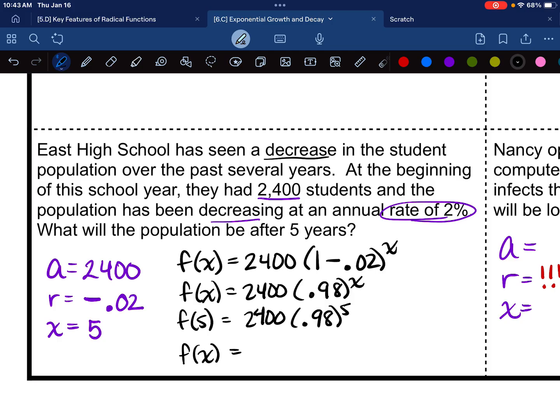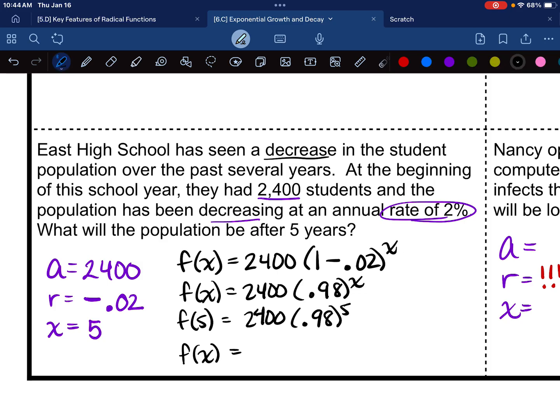So once again, when I go to solve it, I'm going to start by taking the 0.98 and raising it to the 5th power. Different calculators have different buttons to raise that exponent, so make sure you know in your calculator what button to hit. And once I have that number, which is really ugly, I don't clear it out, I keep it, and I just times that by 2,400.